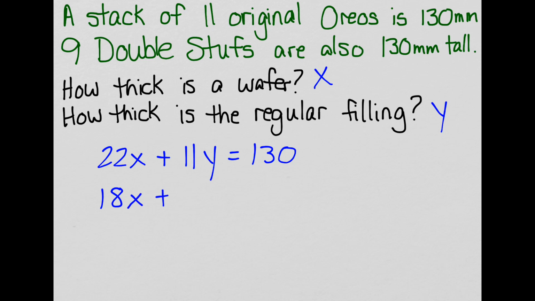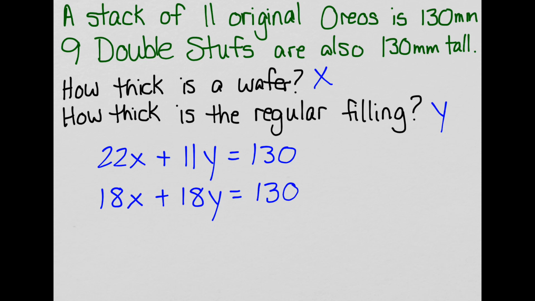Now I would have 9 thicknesses of double stuff filling because I have 9 cookies, but each of those is twice as much as a regular. So I don't really have 9 layers of filling, I really have 18 layers. And I don't know how thick they are. That's what my y is. But they also end up being 130 millimeters tall.